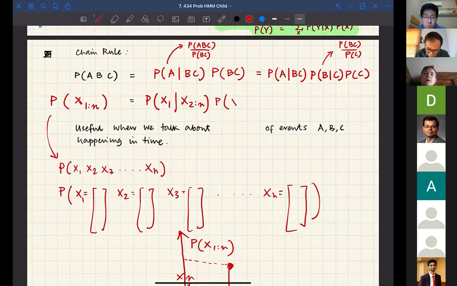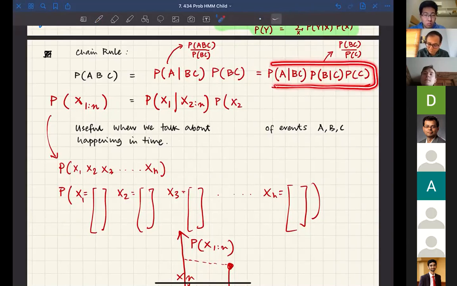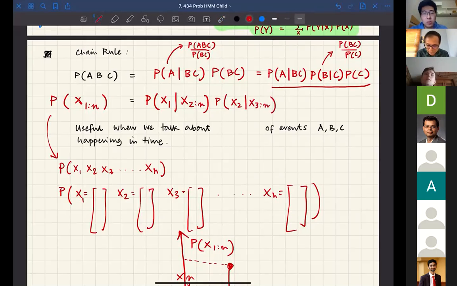Probability of x2 to n. Sure, but chain rule is this. Basically, we want to write it in this form: x2 given x3 to n. Yeah. Then x3 given x4 to n and so on.